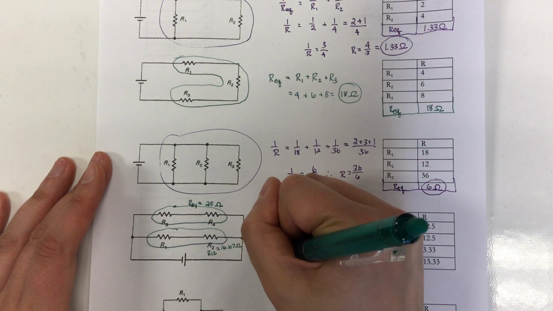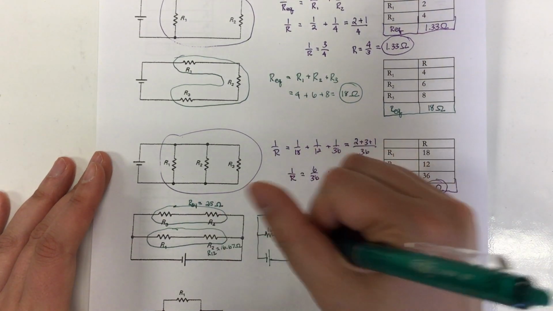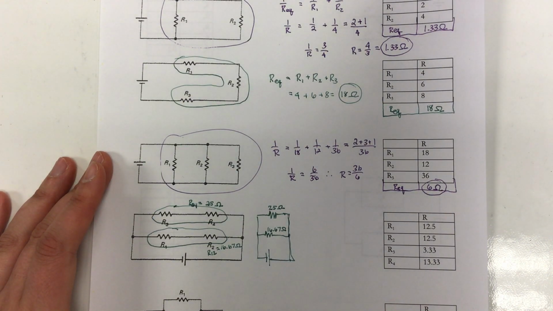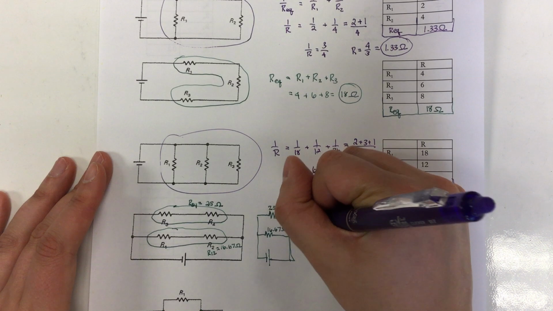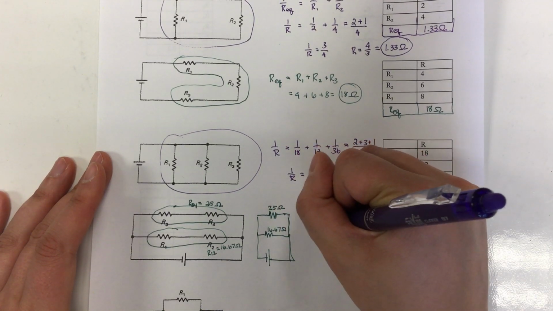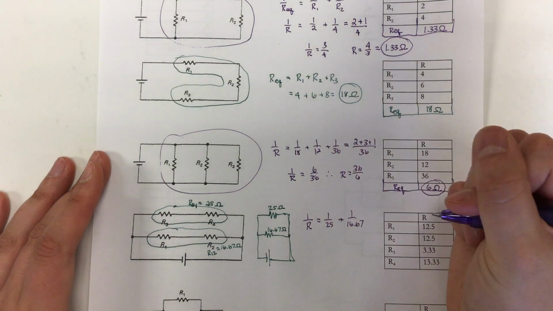All in parallel with the battery. So I would take this now in parallel, so switching colors to purple. The equivalent resistance for the whole circuit then would be 1/25 plus 1 over 16.67.